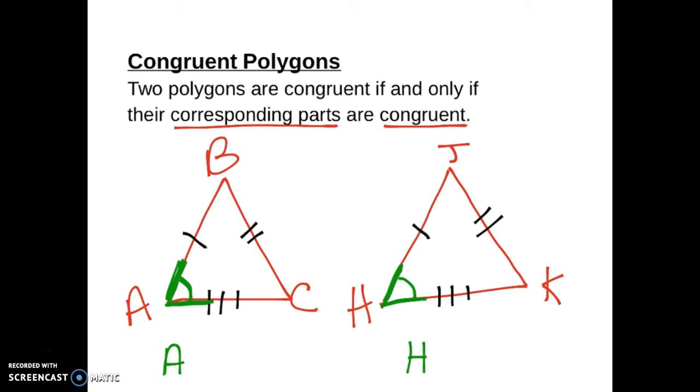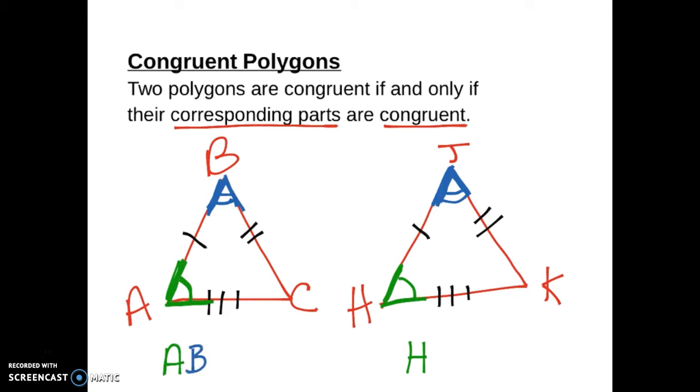Okay. If we're looking at angle B over here, it's made up of one side that has one tick mark and the other side has two tick marks. Okay. And if we're looking for the corresponding angle on the second triangle, it's angle J, because again, one side is the side with one tick mark and the other is the side with two tick marks. Okay.